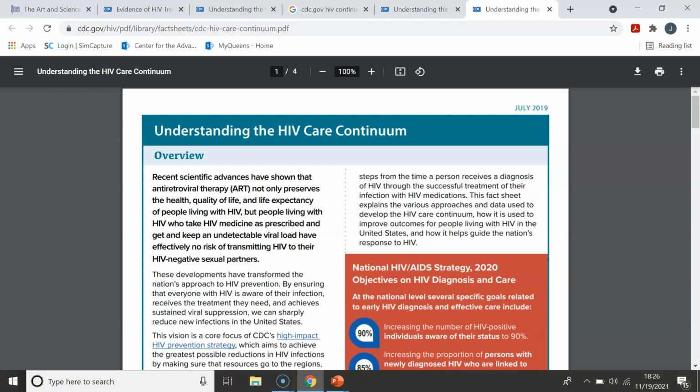The only thing I really want you to understand is that we now have the ability, if patients are on ART therapy, that they do not infect their monogamous partners as long as their viral load has reached 0 or non-detectable.